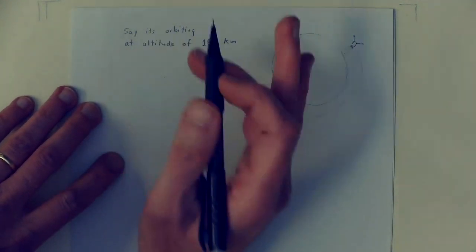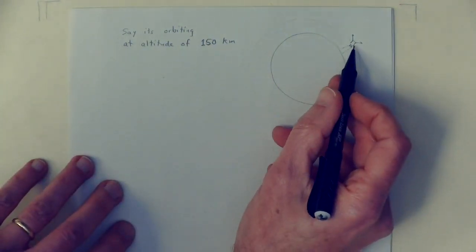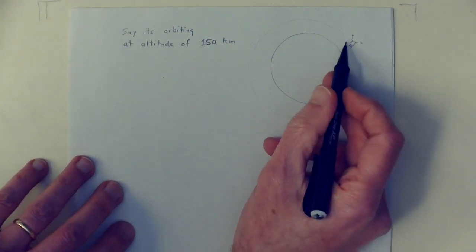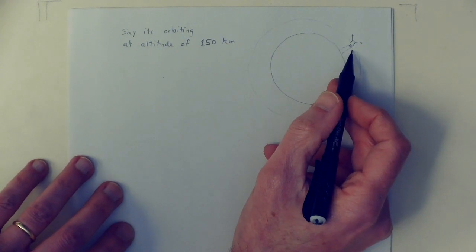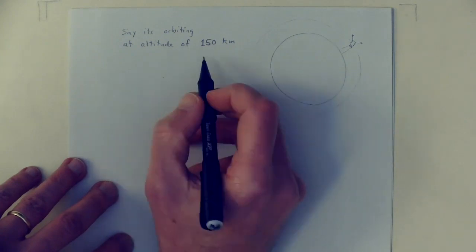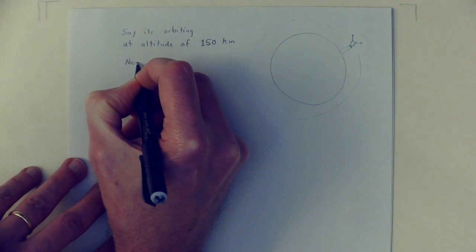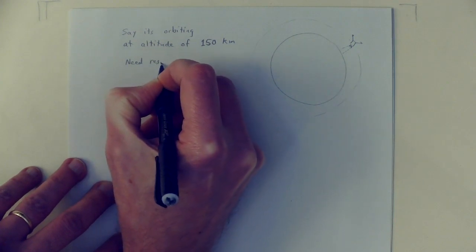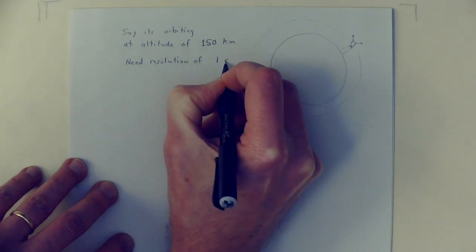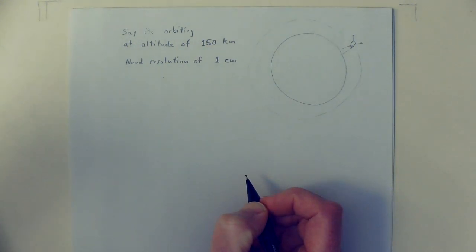So let's ask how big an aperture would be needed in order to do that. How big would the mirror or lens on that spy satellite have to be if we need a resolution of 1 centimeter in order to be able to see the details that we're trying to see?